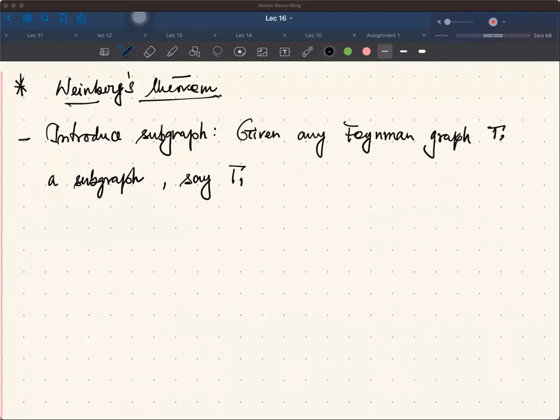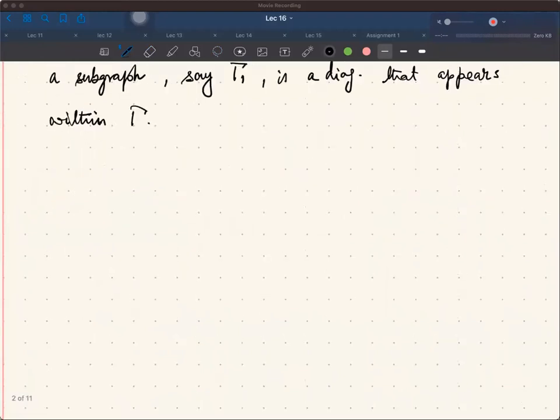So gamma 1 is a subgraph, a diagram that appears within gamma. Now gamma 1 is viewed as a separate graph by itself, and then it will have external lines. Those external lines could be either external or internal to the bigger graph gamma.